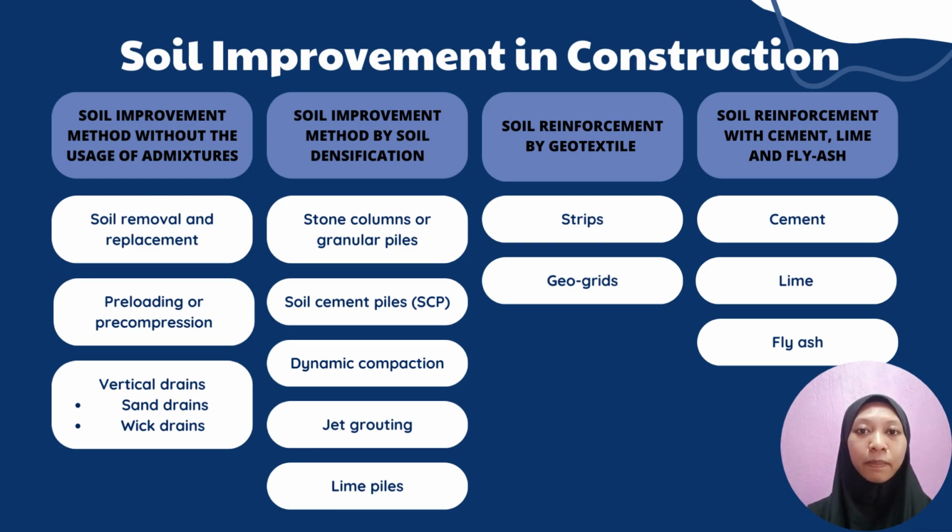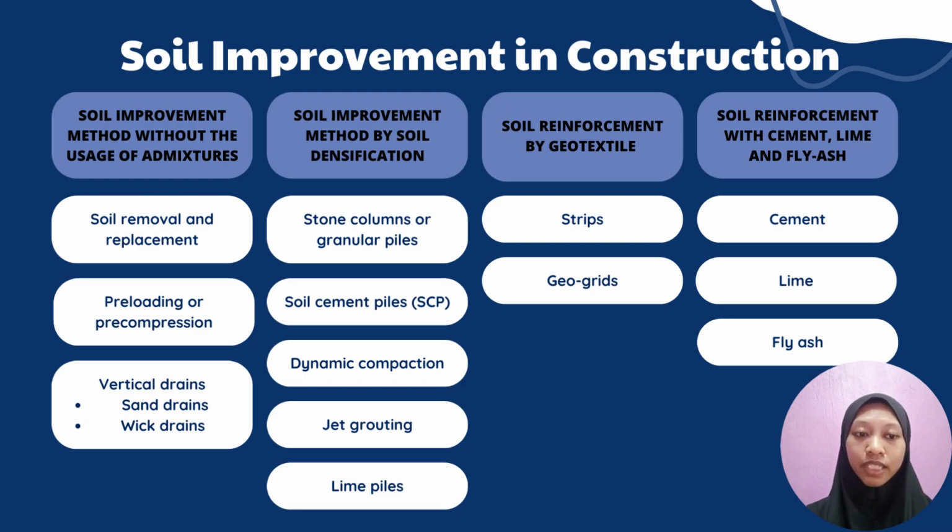Secondly, soil cement piles. This approach is primarily used to decrease the consolidation settling of a shallow foundation and to boost the bearing capacity and shear strength of the soil. Thirdly, dynamic compaction. This technique can densify the soil and improve its shearing strength and bearing capacity.